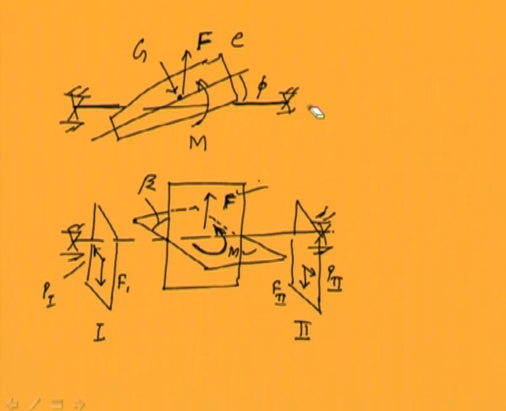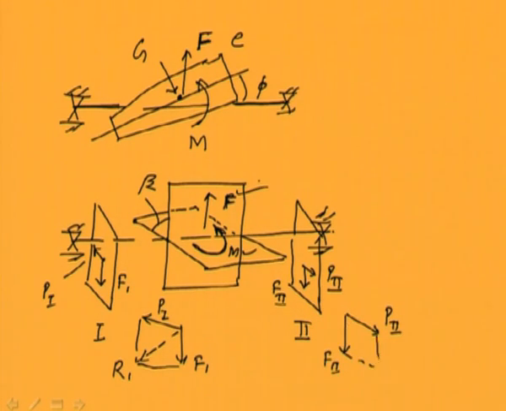So you can see that in plane 1 we have two forces, that is F1 acting downward and P1 acting at some other angle. So the resultant of this can be obtained, and similarly for the second plane, P2 and F2 are there, so we can obtain the resultant of that, R2.